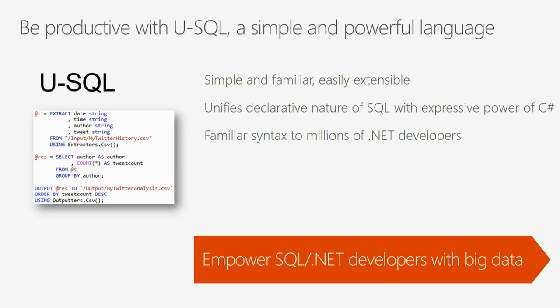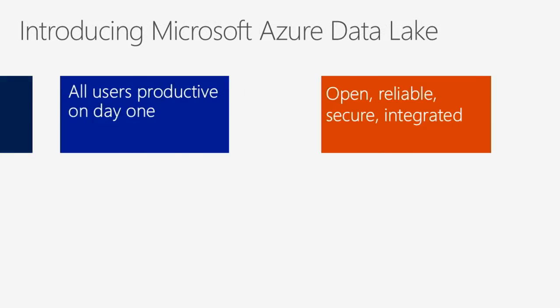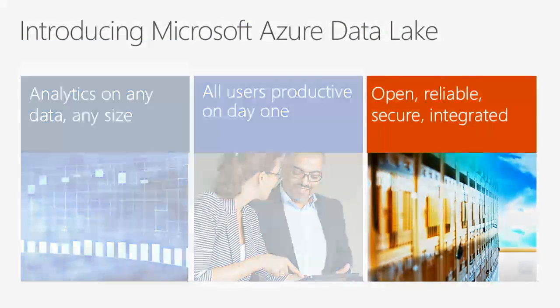In your query, you're extracting date, time, author, and tweets from a CSV file. Then you have a select statement, and you output the result using Azure Data Lake Analytics, writing it back out into a CSV file.